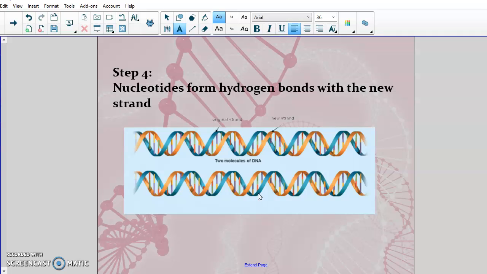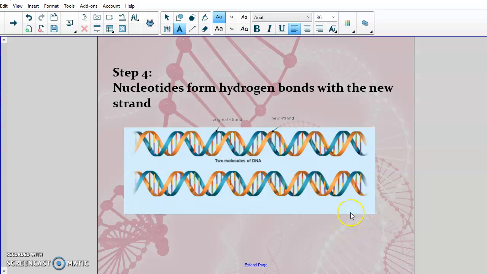They have exactly the same sequence. Each one has part of the old strand and a new strand that was attached to it. And that's the process of replicating DNA. Now we have two copies of it. If we needed to make more copies, we would do the same thing again.